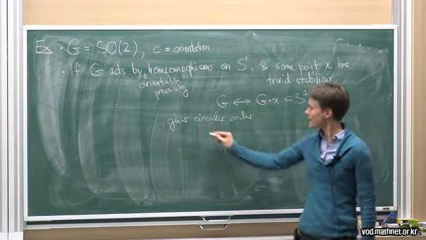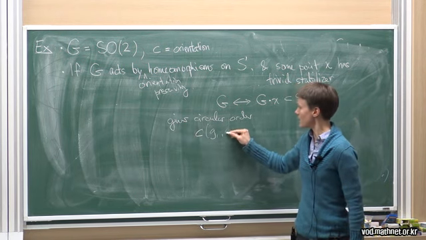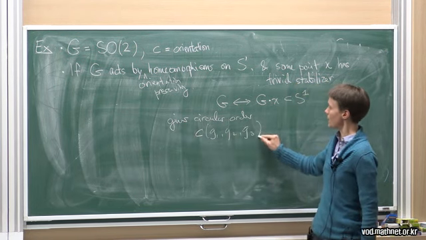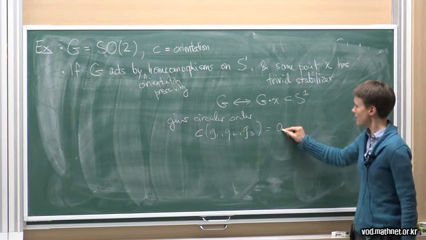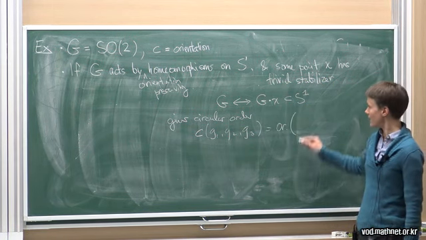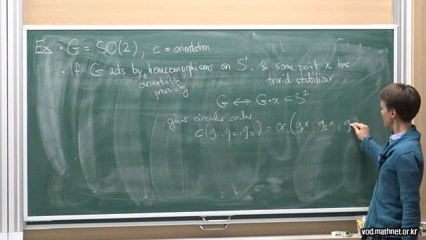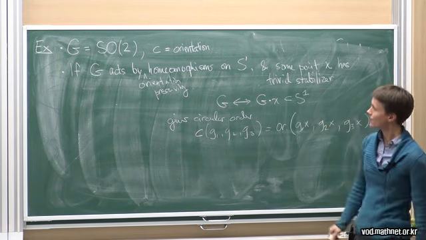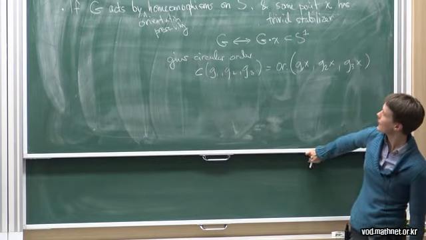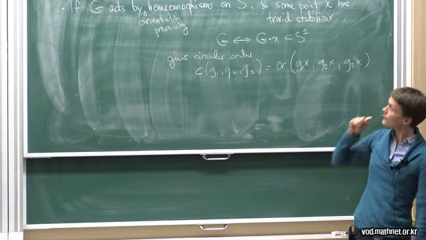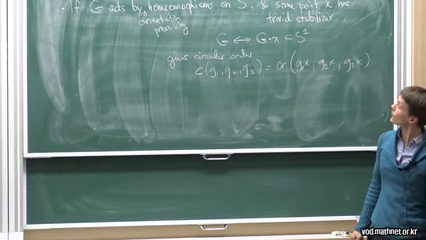So more precisely, C of g1, g2, g3, if these are group elements, is the orientation of g1x, g2x, g3x. So this would be a huge class of groups that have circular orders.